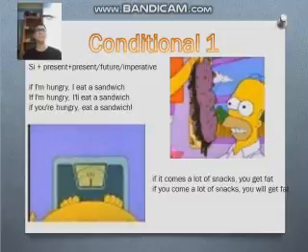As we do with the first conditional, we can write conditional sentences in the following two ways, putting the if part at the beginning or at the end.